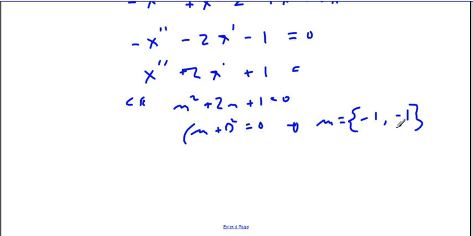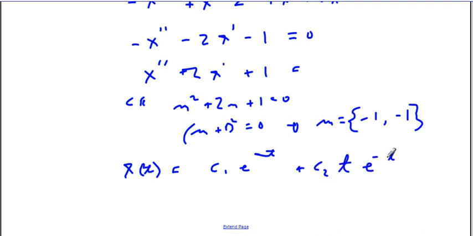So that being the case, x of t is going to end up being c1 e to the minus t plus c2 t e to the minus t.